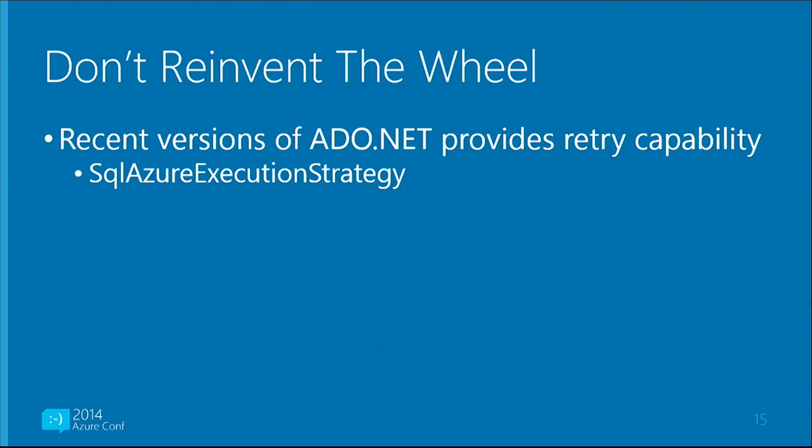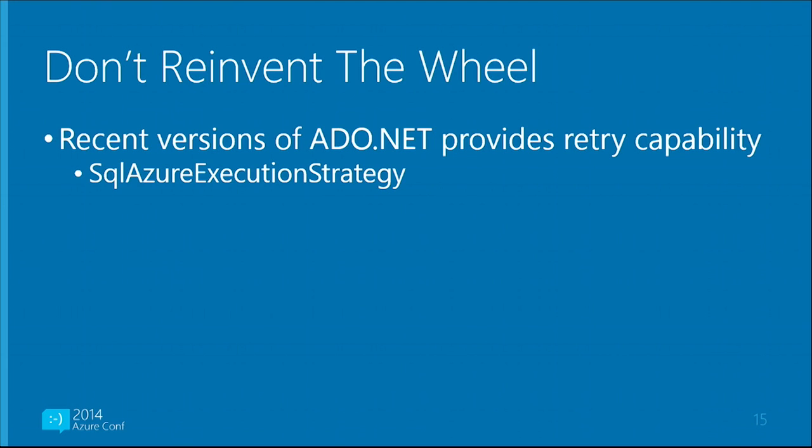But that's a lot of work. And so don't reinvent the wheel to accomplish all of this, because this has already been done for us. There are libraries that do this for us without us going through all of the error codes that could possibly be a transient fault, or without us going through that big diagram to determine that ourselves. But that's a good way. If you see an error code in your logs, you can go back and figure out what happened.